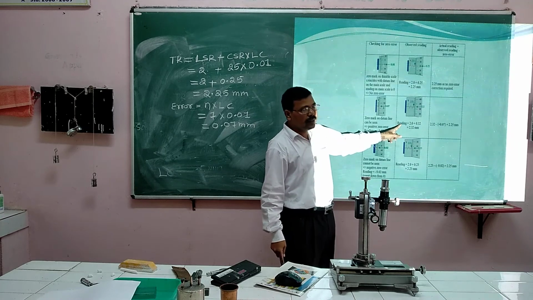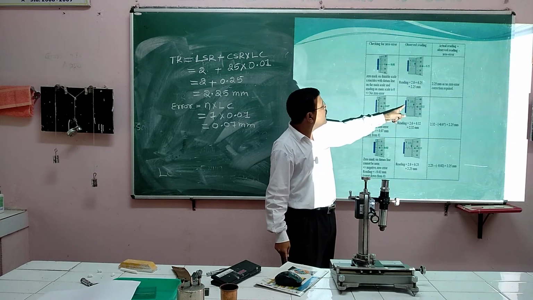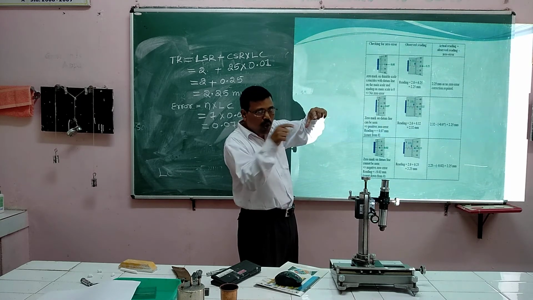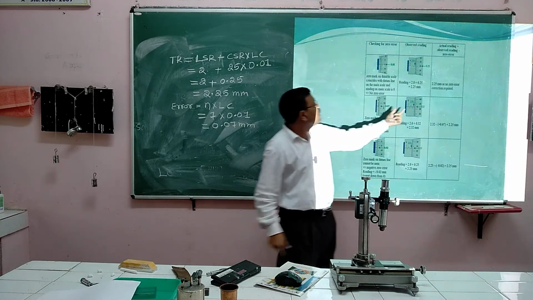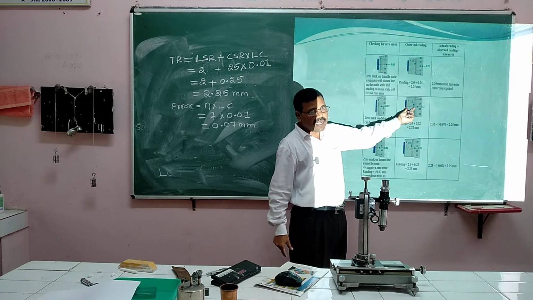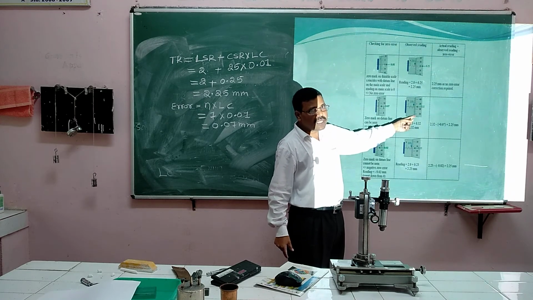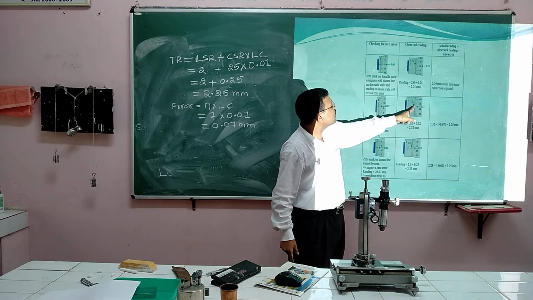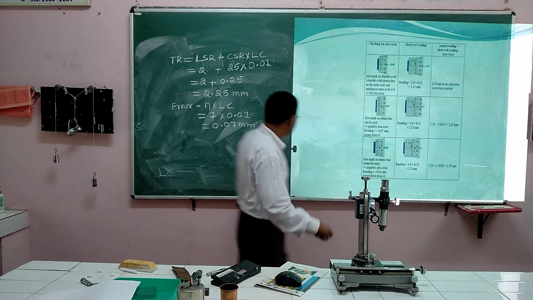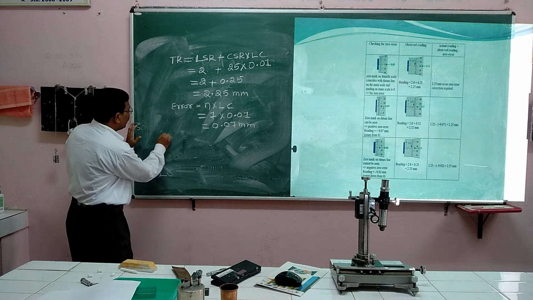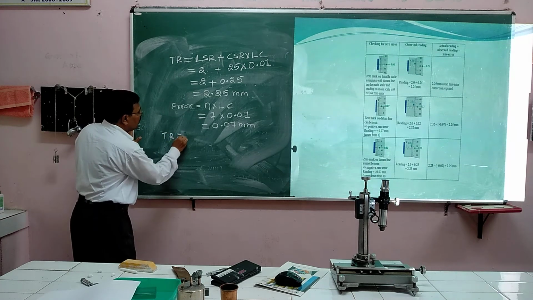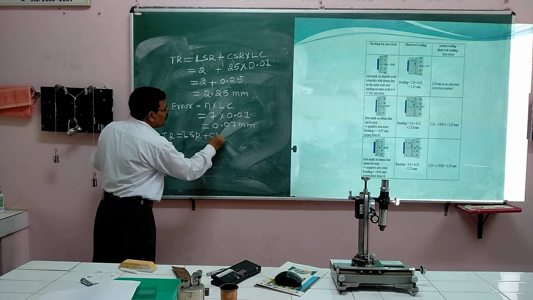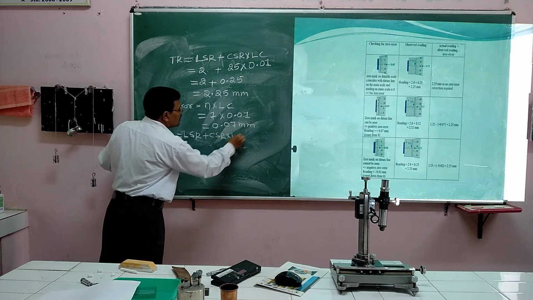Look here, the reading. In that micrometer, when the object is inserted, there is a linear scale reading and a circular scale reading. What is the linear scale reading? 1 millimeter, 2 millimeter. So, total reading is equal to linear scale reading plus circular scale reading into least count.